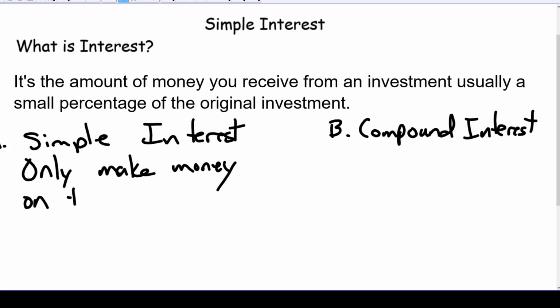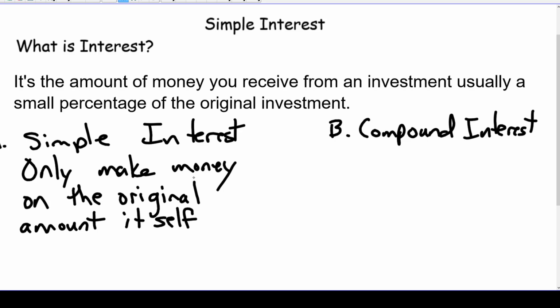So on the original amount invested. And the difference with compound interest is not only do you make money on the original amount itself, but you also make money on the interest amount that you make as well.